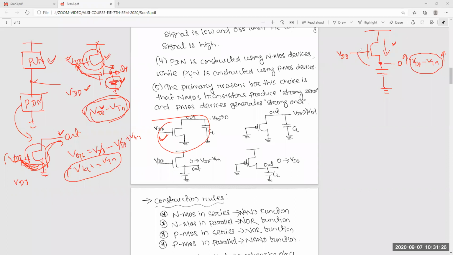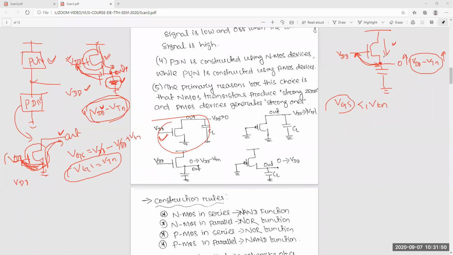Once this value increases more, the difference VGS will be less than VTN. Yes or no? So once VGS is less than VTN, this transistor will cut off.